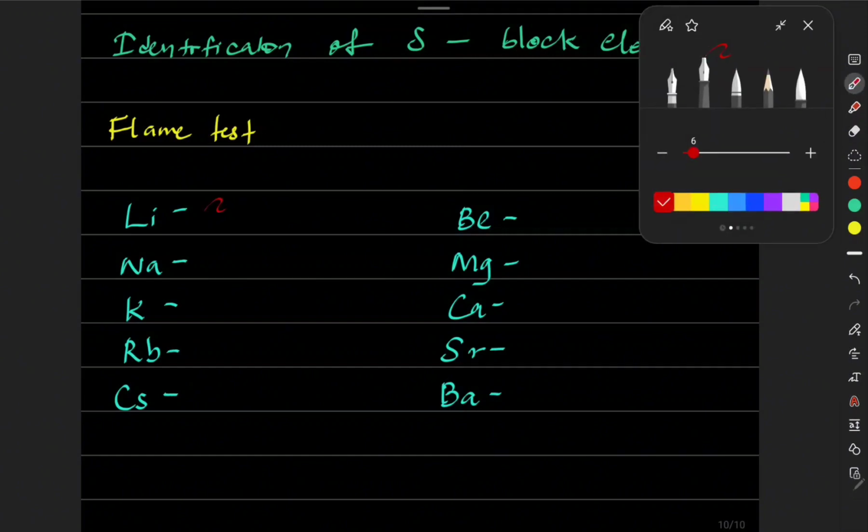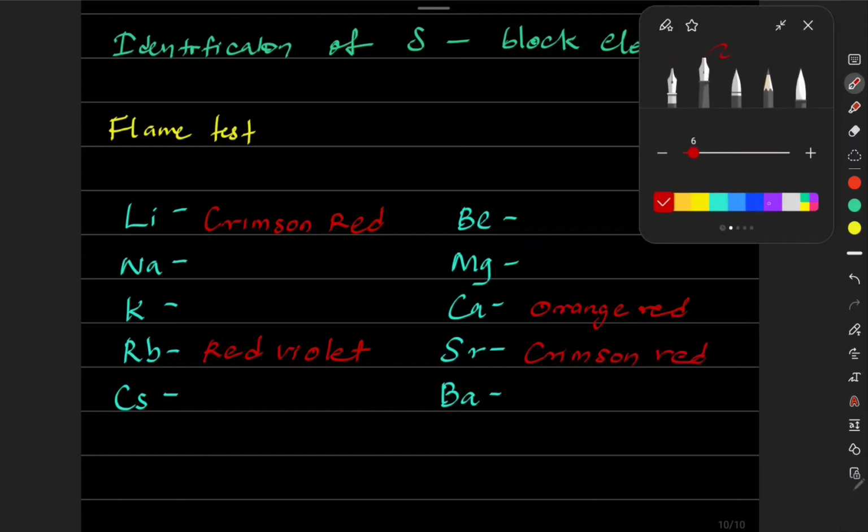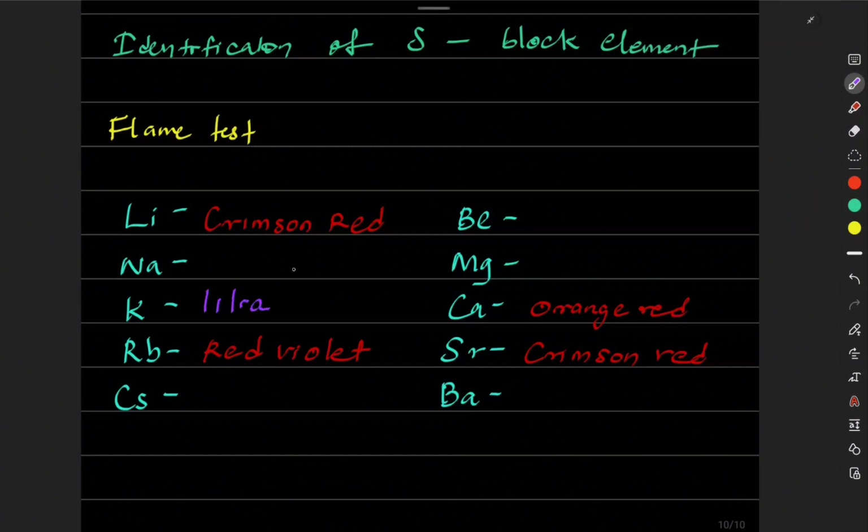Lithium is crimson red. Rubidium, red violet. Calcium, orange red. Strontium, crimson red. Potassium, lilac.